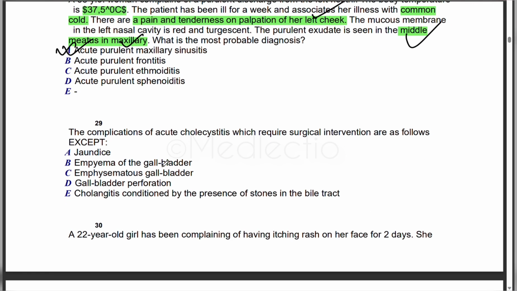Okay, next one, and I think the last one for this video: the complication of acute cholecystitis which requires surgical intervention is as follows, except. So we need to see the things which are indicated for surgery. Empyema of gallbladder, yes, it is indicated, it's a serious condition.